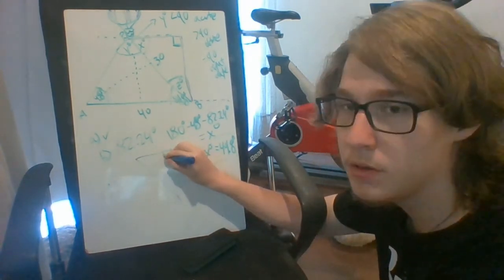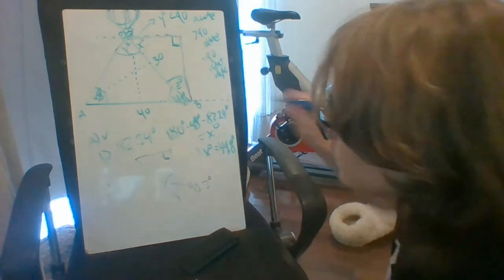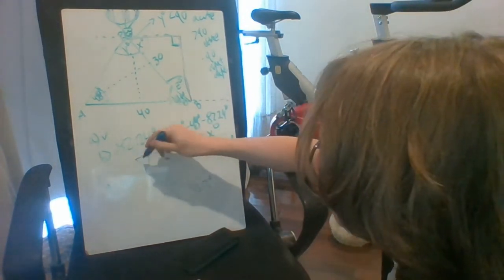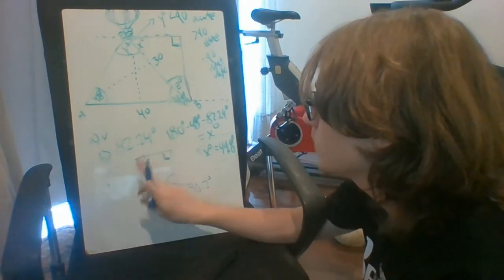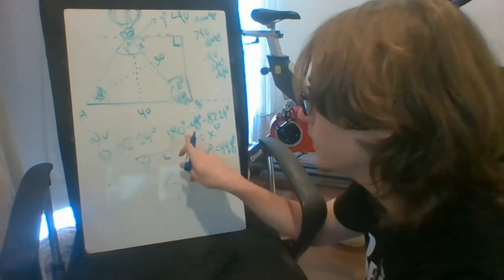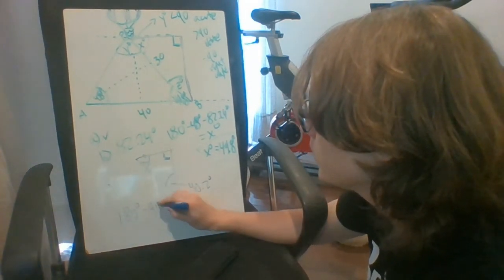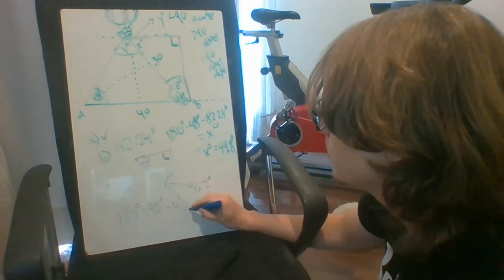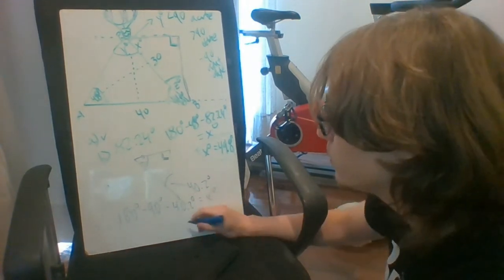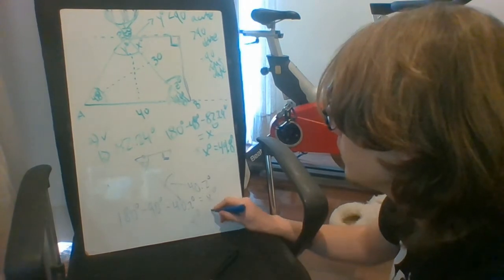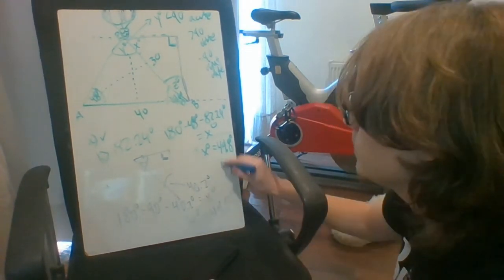We have the right angle there. We have the 40.2 we found before, and the angle X we're looking for. And so to get the value of X, again, as before, we're going to have 180 degrees minus 90 degrees minus 40.2 degrees. It's going to equal X degrees. And if we work this out, we're going to end up with X being 49.8, the same answer we got before.